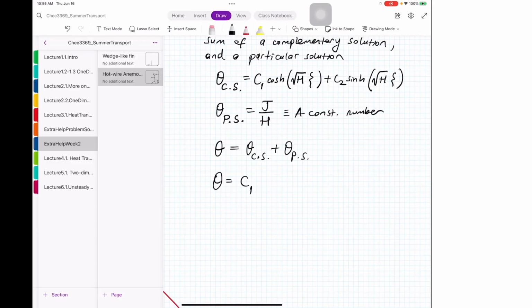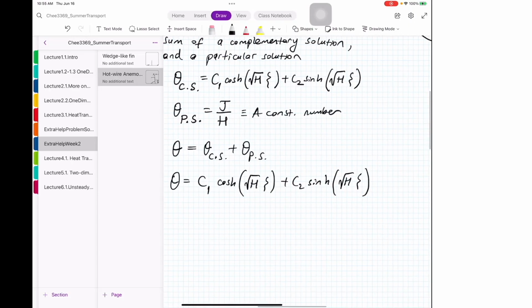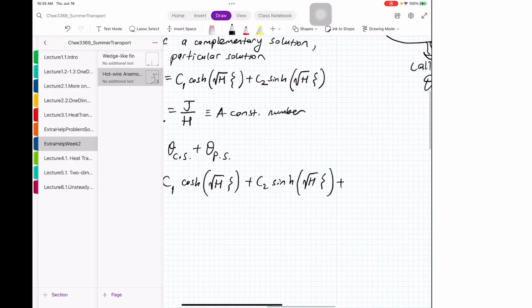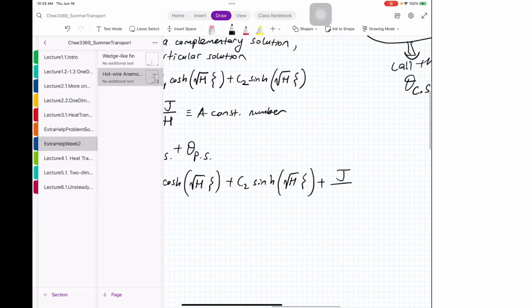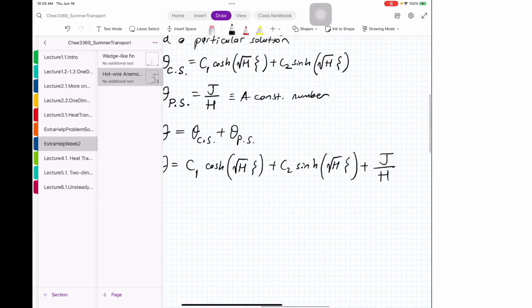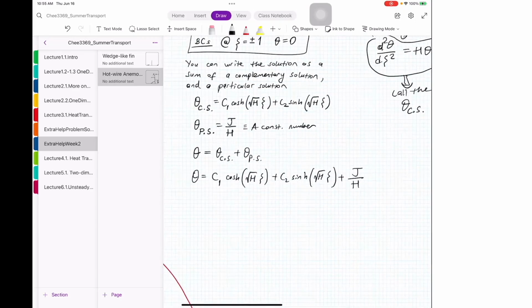Thus, we get C1 cosine hyperbolic square root of h psi plus C2 sine hyperbolic square root of h psi plus j over h. Okay, and I'm going to have two boundary conditions to solve for C1 and C2.